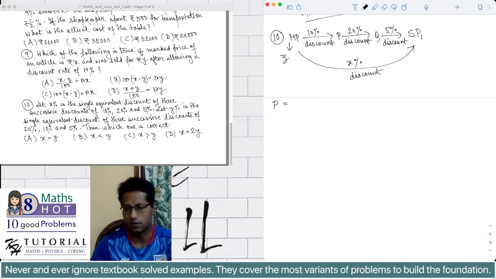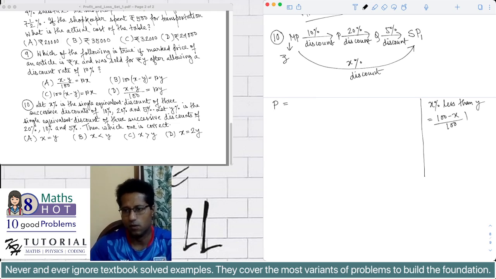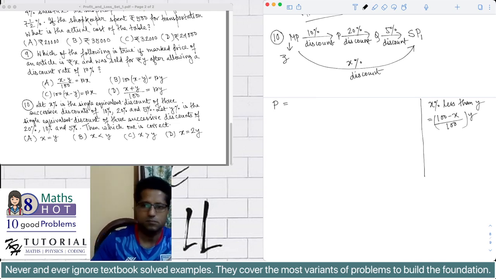So certain things you have to be very well aware of, or you must remember, or if you are solving a lot of times, these small things must be very obvious, like X% less than Y is equal to (100 minus X) divided by 100 whole multiplied by Y.